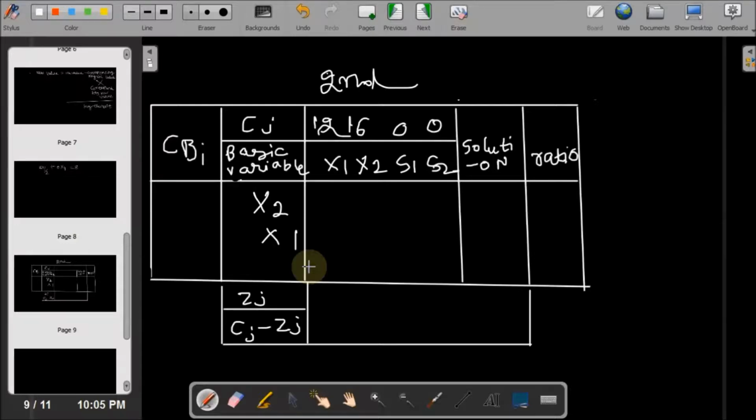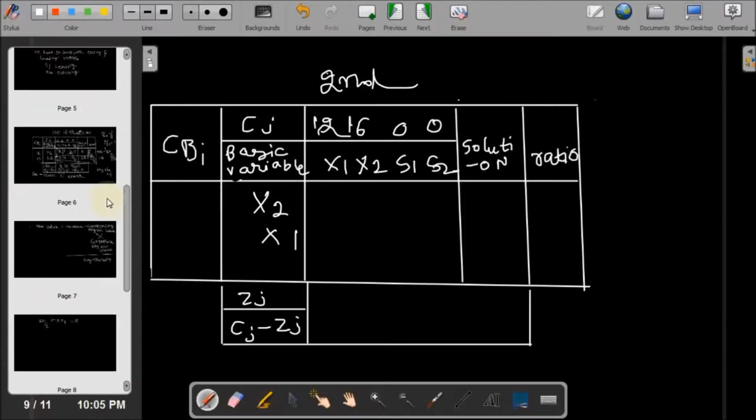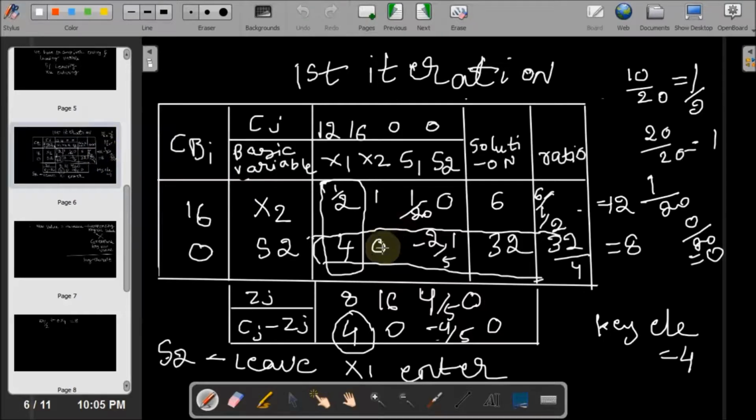Now how to do this? How to find out the new values? I will find out the x1 values first, because the key element was 4. So 4 divided by 4, how much? Instead of s2, the value that entered is x1.